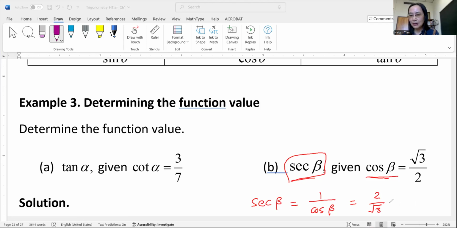And of course, you can rationalize the denominator by multiplying square root of 3 to both numerator and denominator. So the final answer can be written as 2 square root of 3 over 3. So that is the secant beta after we applied the reciprocal identity. That is the application of the reciprocal identity.